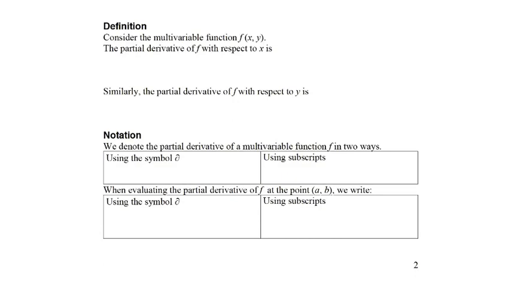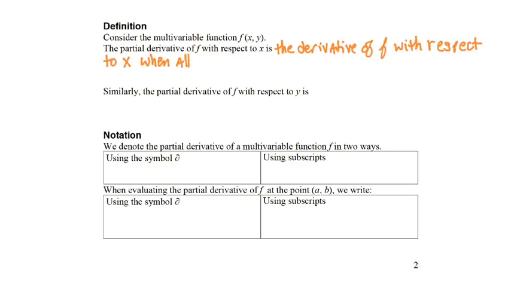As we just saw, we can have more than one variable, or a multivariable function. So now we need to talk about taking the derivative of a multivariable function, which will be referred to as a partial derivative. The definition reads: the partial derivative of f with respect to x is the derivative of f with respect to x when all other variables are treated as constants.